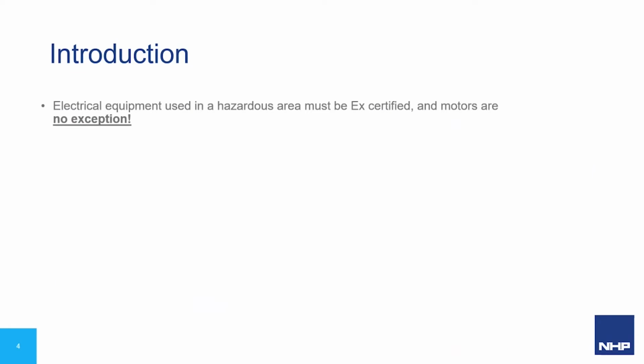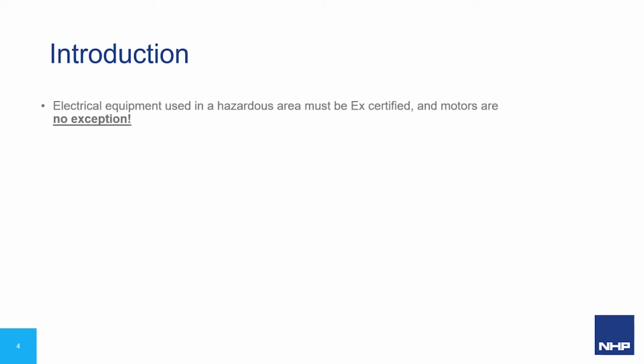Electrical equipment used in a hazardous area must be certified for use according to AS 3000, clause 7.7.2.4.1, and AS NZS 60079.14, which is the installation standard, in Annex 4.4.